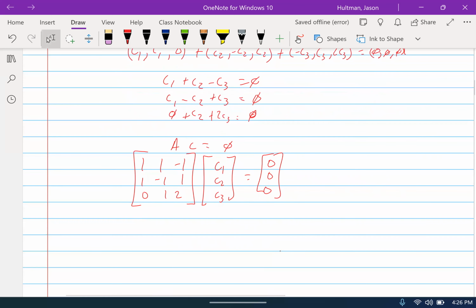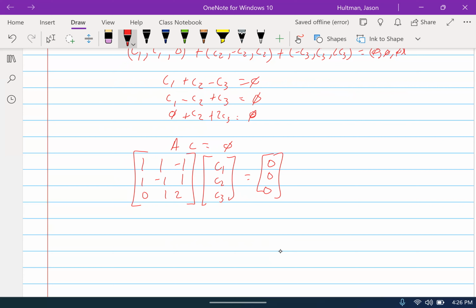Now I want to figure out whether the vectors are linearly independent or linearly dependent. Well, we could do it a couple different ways.